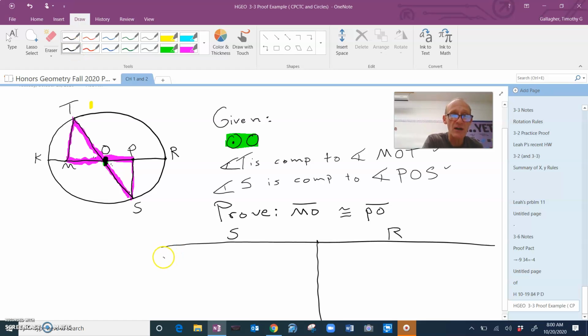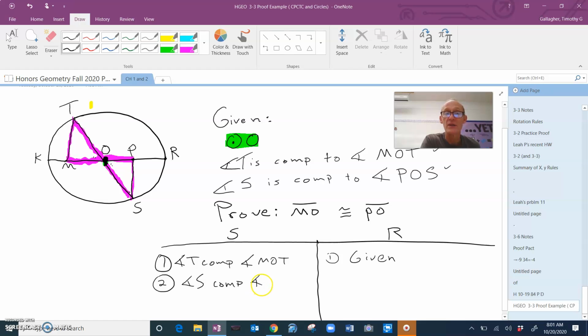But it's a process, so we're going to start off with the first statement, which is angle T is complementary to angle MOT, and that's given. And step 2 would be angle S is complementary to angle POS. And that's given.